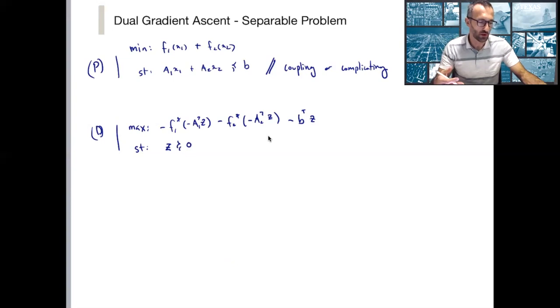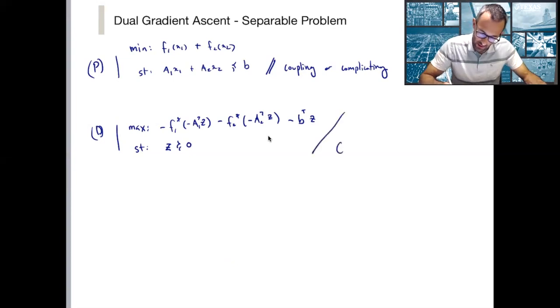And again, I expect that you can derive this. What did we use? We basically used calculus rules for the Fenchel dual, and our formulation that we had previously. So again, I expect that you can check this.